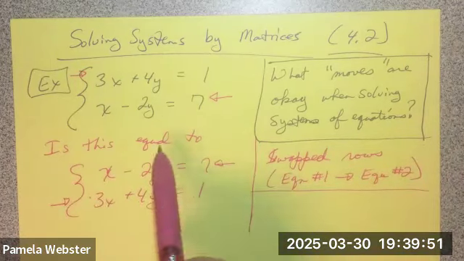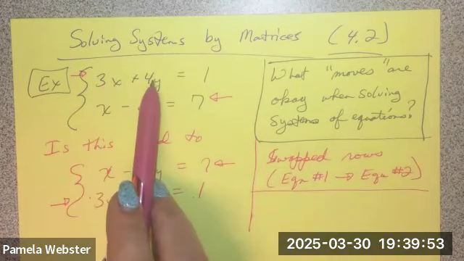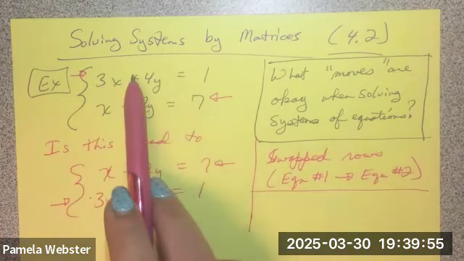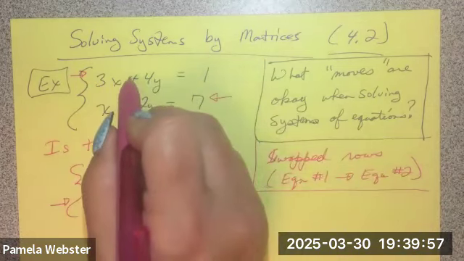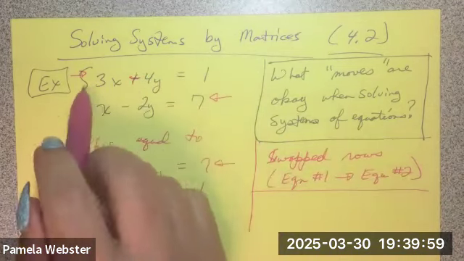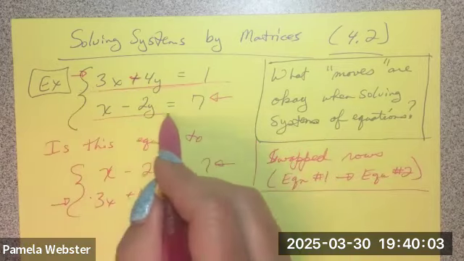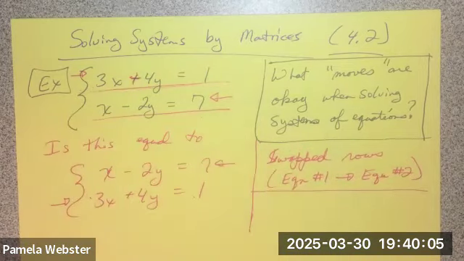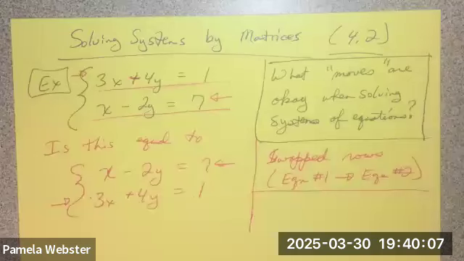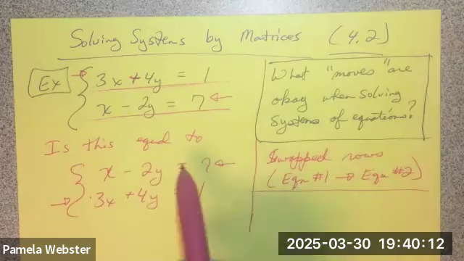What I couldn't do is say something like 3x plus 4y equals 7. I can't mix and match, so that would be bad. But as long as I think of this as a row all by itself, and I do the same thing all the way through the equation, I'm okay.